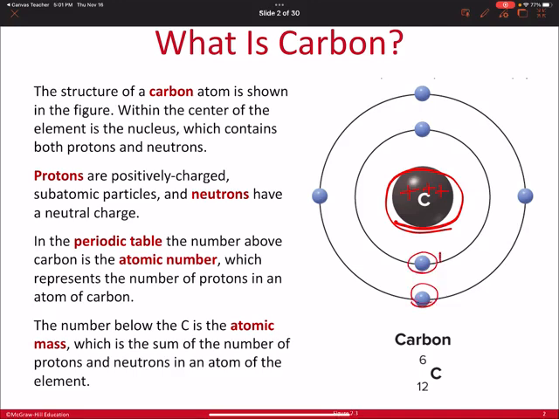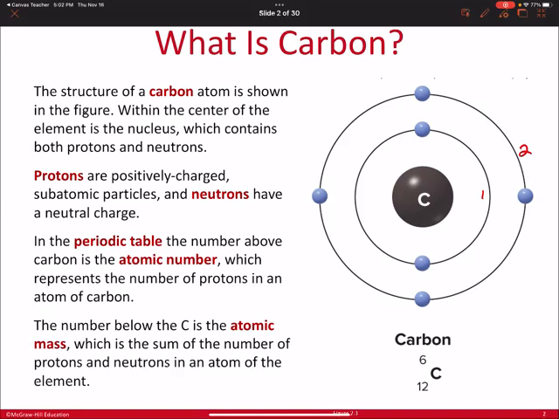There are 1, 2, 3, 4, 5, and 6, and they're not necessarily numbered in that order. If you look at this carbon atom, we can see that there are 2 orbits surrounding it, a first orbital shell and a second one.